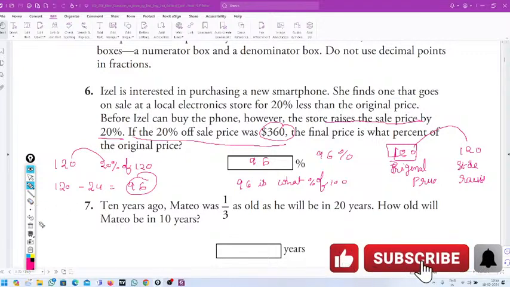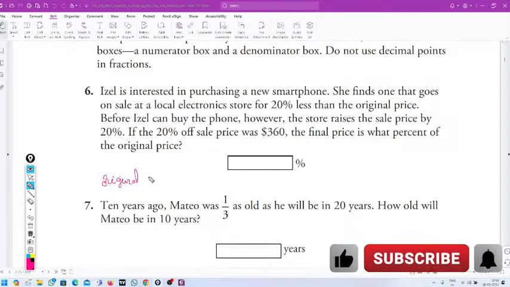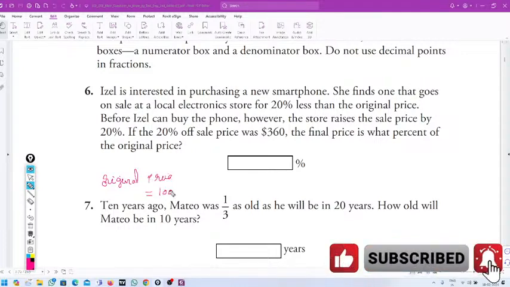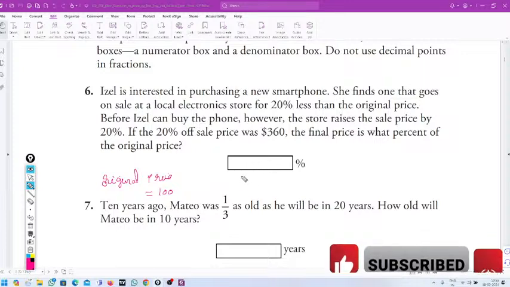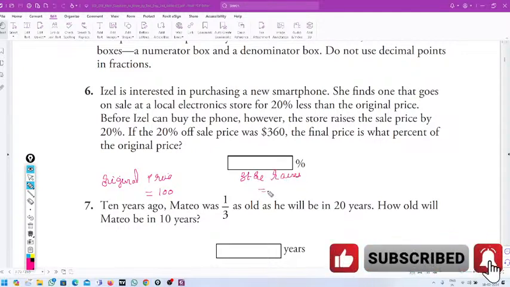Guys, again, the simple logic: if I have the initial original price 100, before going to the shopkeeper's store, what happened? The store has raised the price by 20%. The new price will be 120.